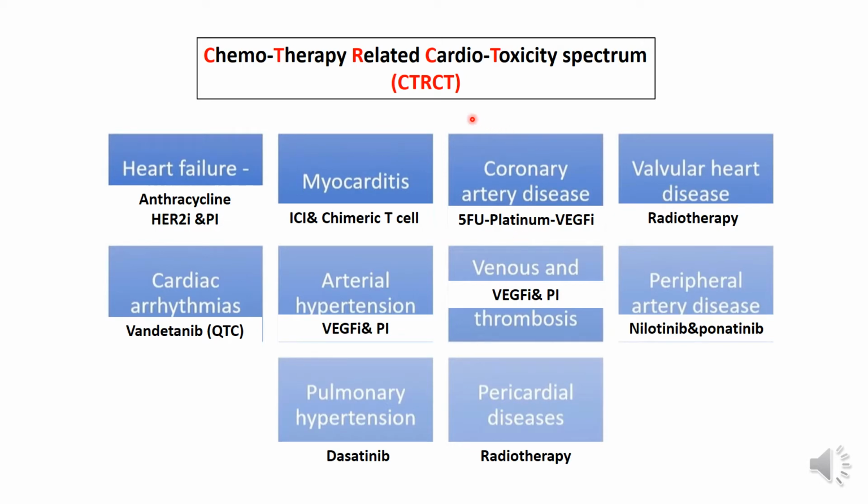The term cardiotoxicity is a broad term, and as we see here, this term CTR-CT is a novel term, standing for chemotherapy-related cardiotoxicity. As we said, it has a broad spectrum, which includes heart failure, which is called CTRCD, chemotherapy-related cardiac dysfunction, myocarditis, vascular toxicity causing coronary artery disease or peripheral vascular disease or venous disease, arterial hypertension, pulmonary hypertension, pericardial disease, arrhythmia.